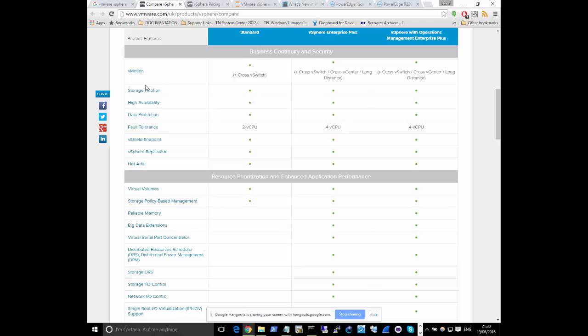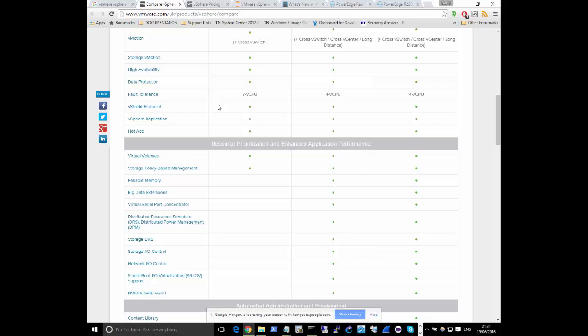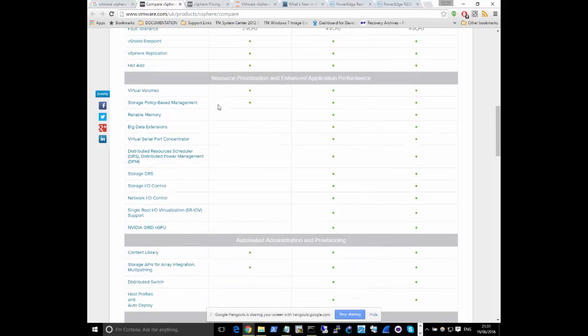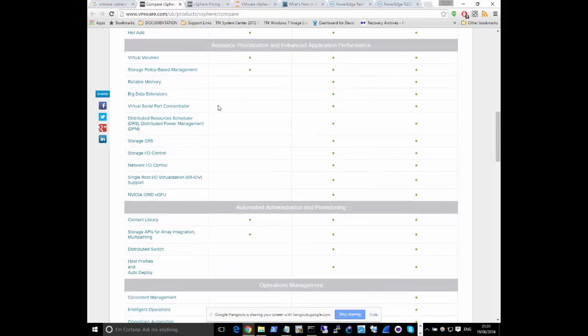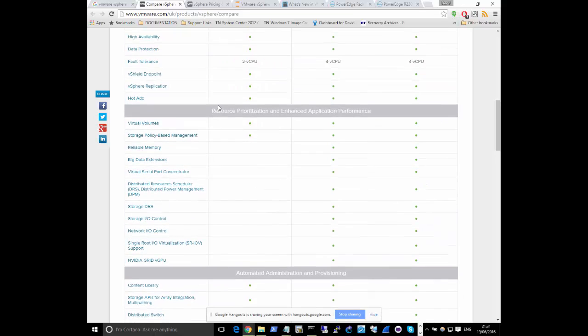I'm also using storage vMotion. I have three environments, and we give different data stores to the VMware vCenter server, and we have a total of 20 data stores in the vCenter server.